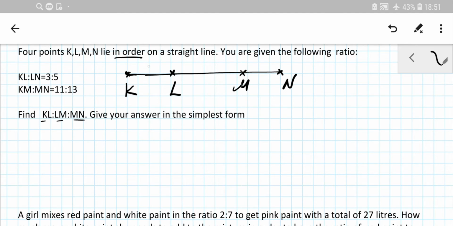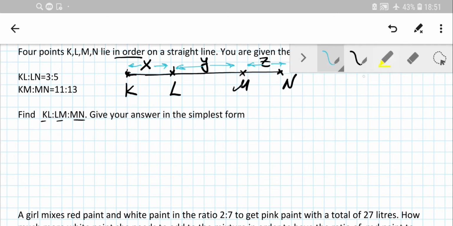Instead of segments, I simply put variables: X for the first segment KL, Y for the second one LM, and Z for the last one. So we've got 3 segments.